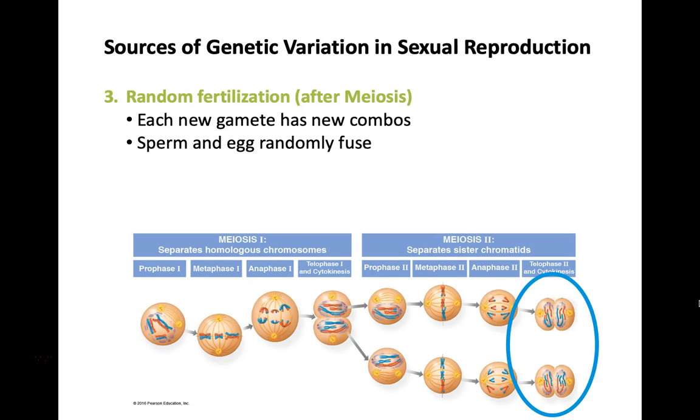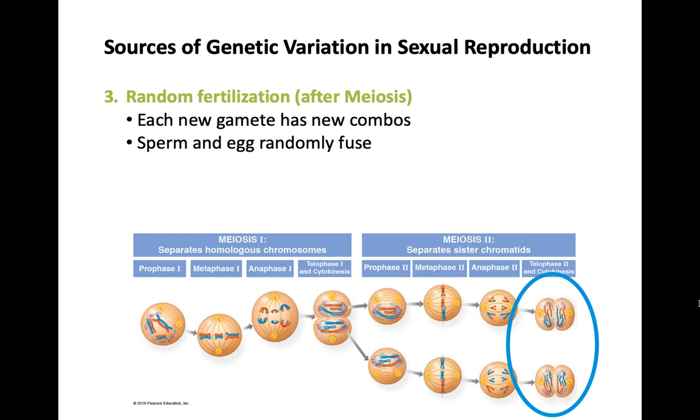The last source of genetic variation in sexual reproduction is random fertilization. So if you think about the millions of sperm that are produced, each are genetically different from one another, and then any one of those sperm can fertilize, if you're thinking about it statistically, any egg in a population.